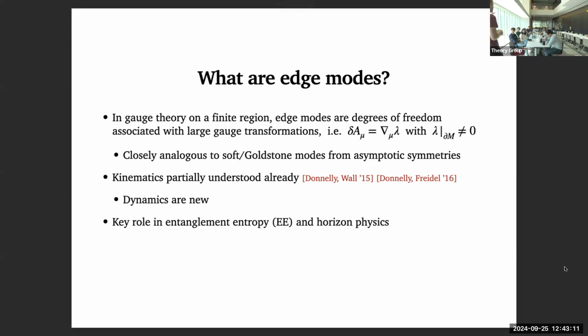Edge modes play an important role in horizon physics and entanglement, and probably a lot more things too. But the slides I have here concentrate mostly on the entanglement part of the story.